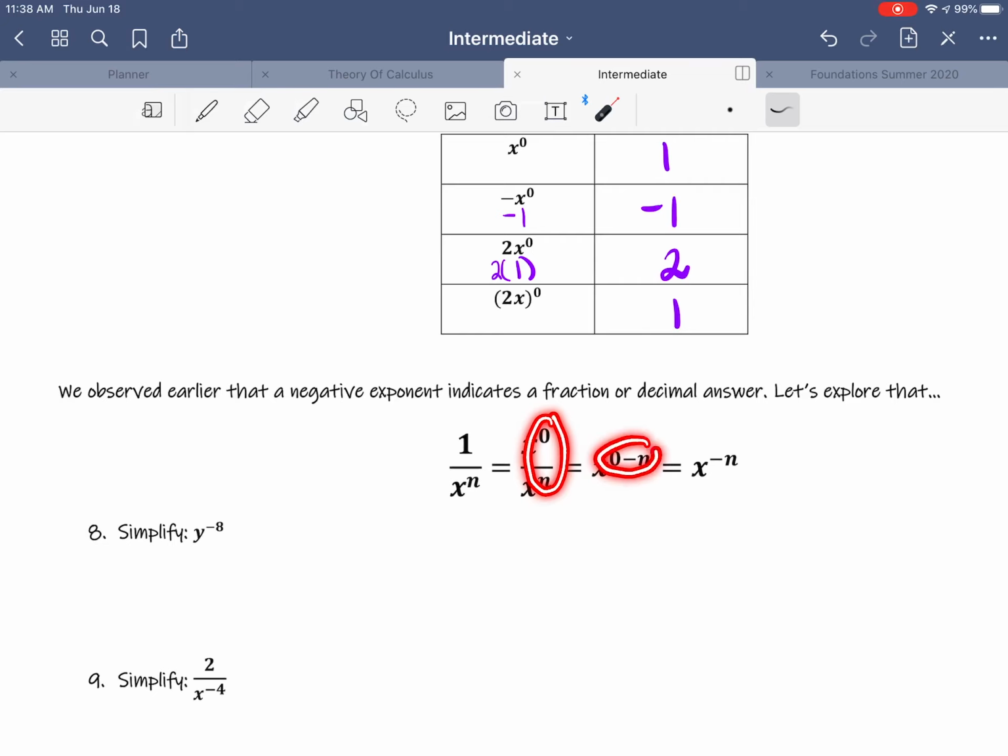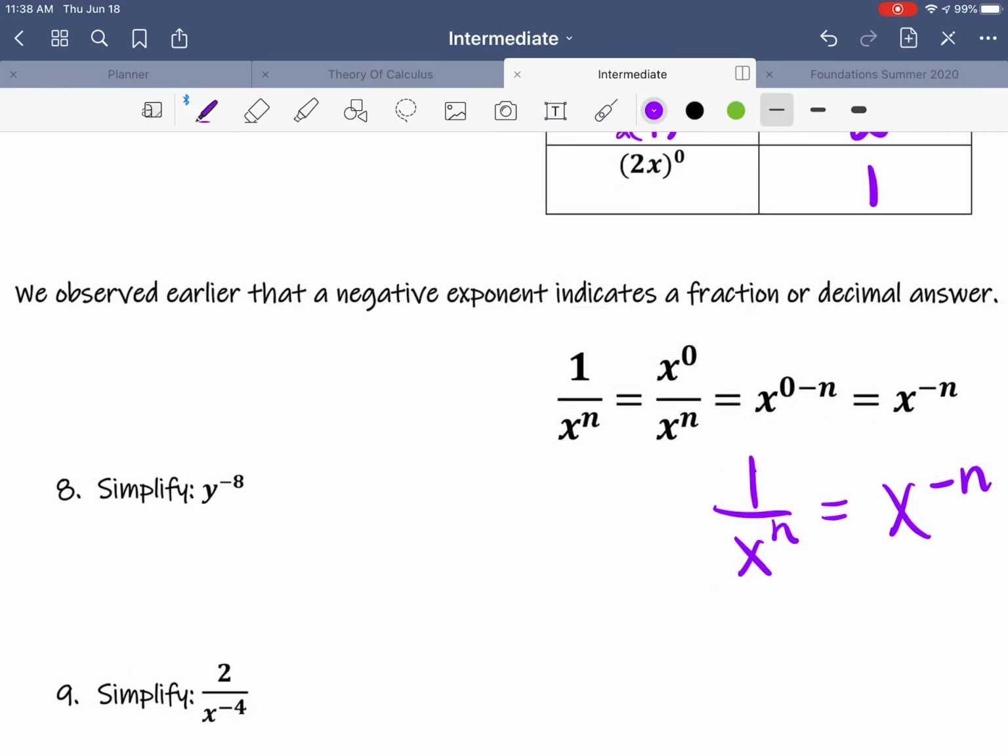We also know a division property, and then we can simplify. So what this is saying is that if we have a fraction, it's the same as a negative exponent. Isn't that so pretty, how that works out? So we can flip-flop that, and if we start here, we can end there without doing all this, because we know this to be true.